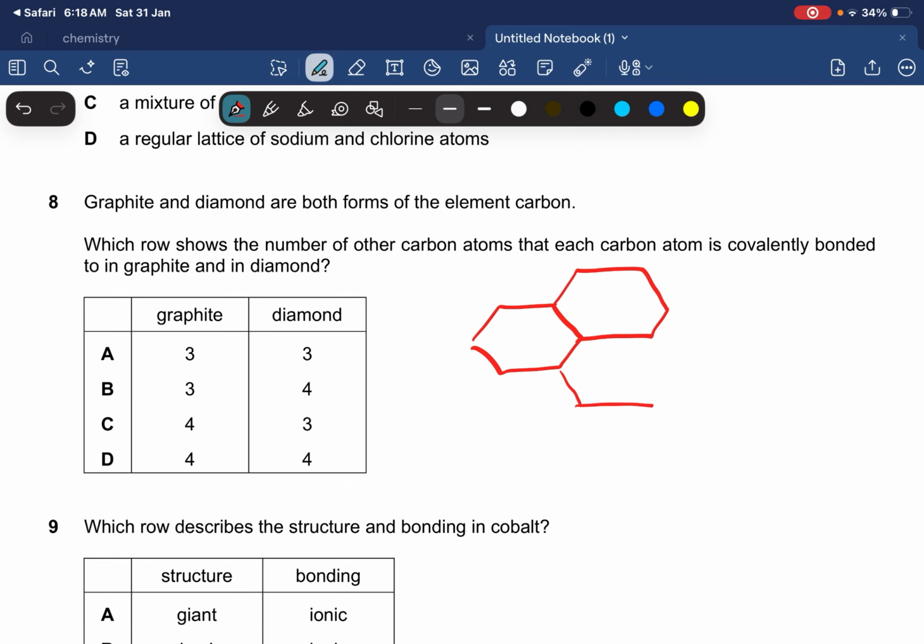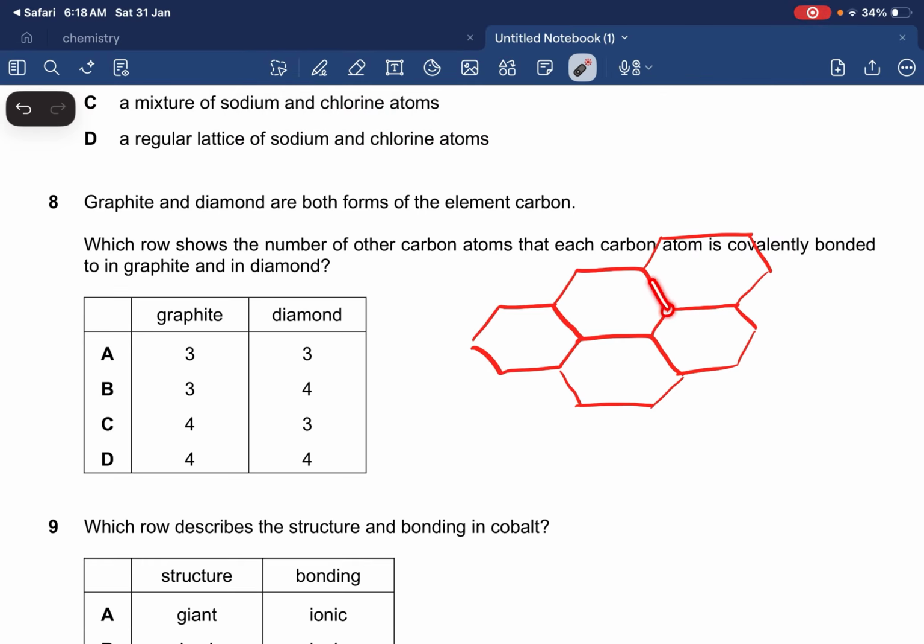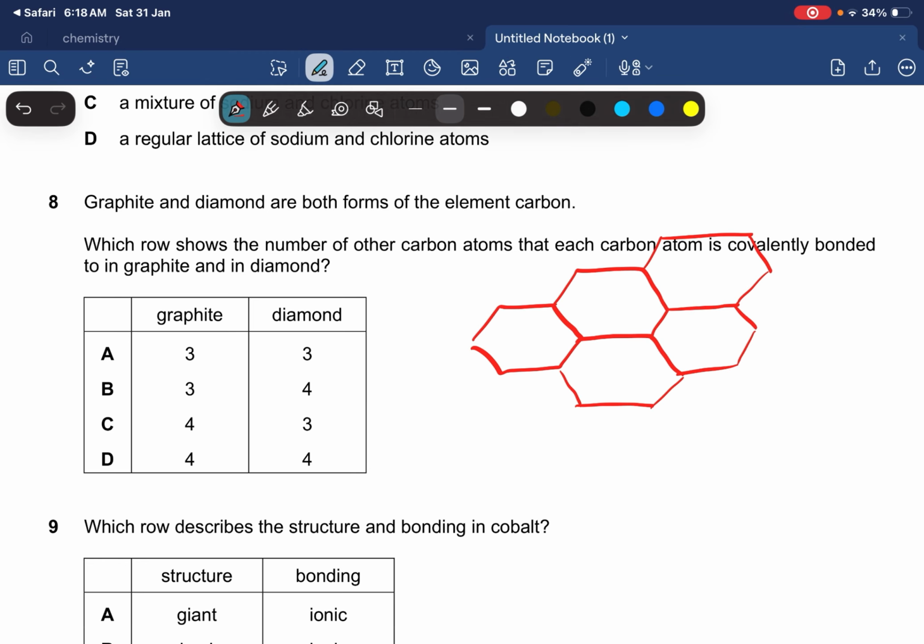That is how the structure of graphite looks. So each carbon atom is always going to be bonded to 3 other carbon atoms, making 3 covalent bonds.